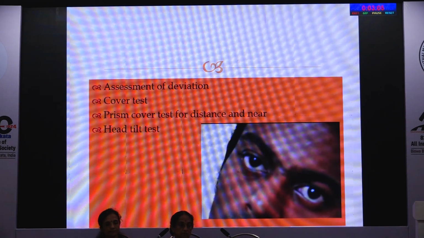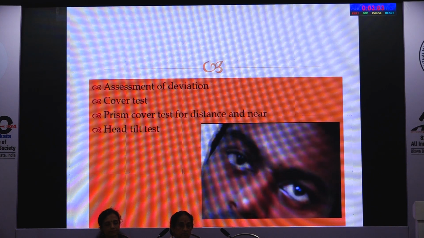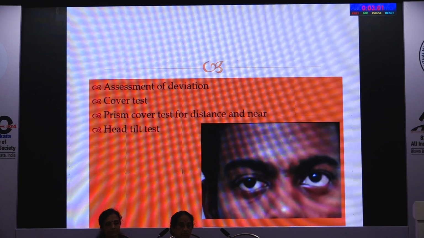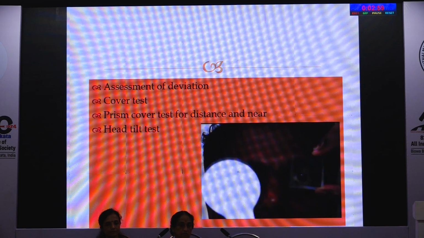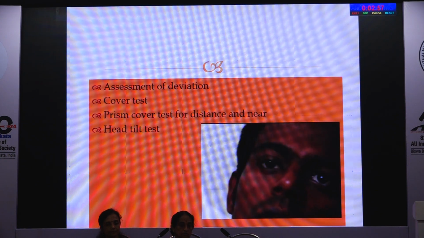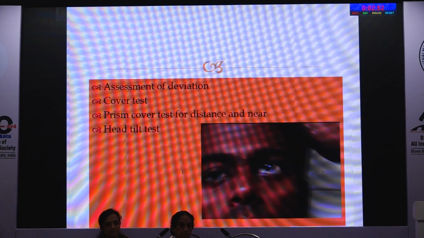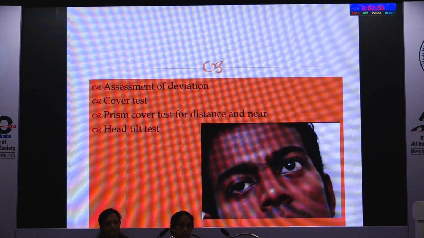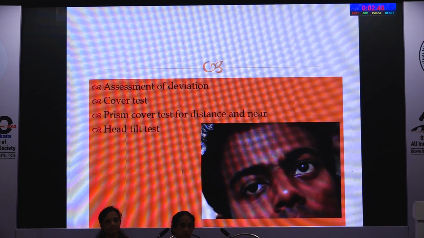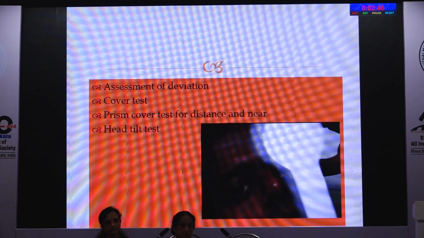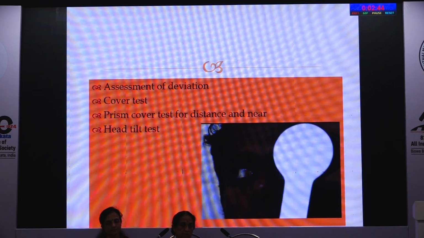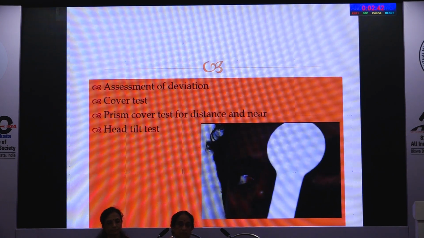Like here you can see that on head tilt to the left side, there is a significant hyperdeviation. This head tilt test has to be done whenever you see that it's ideal. It is better to do it in all cases, especially in very small forms of hypertropia. You must also measure it when you get an idea as to which muscle is overacting or underacting.